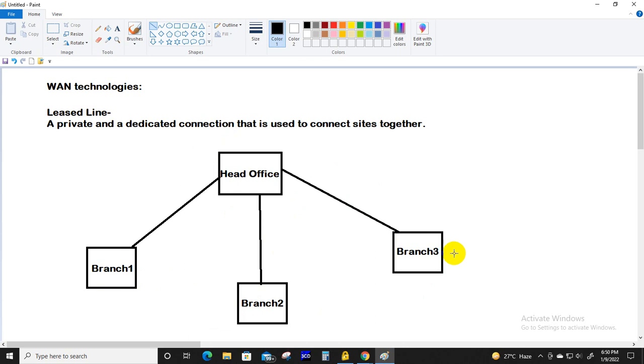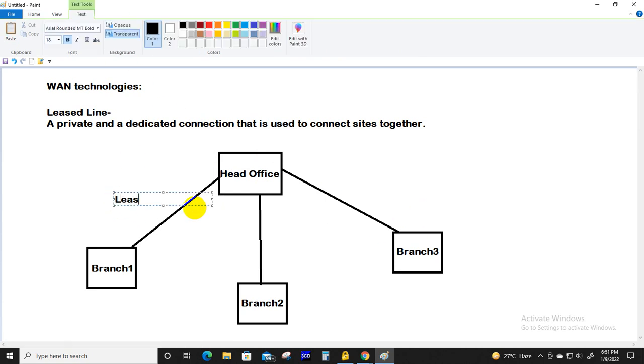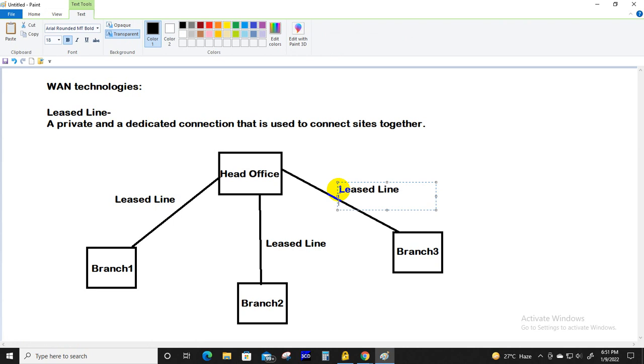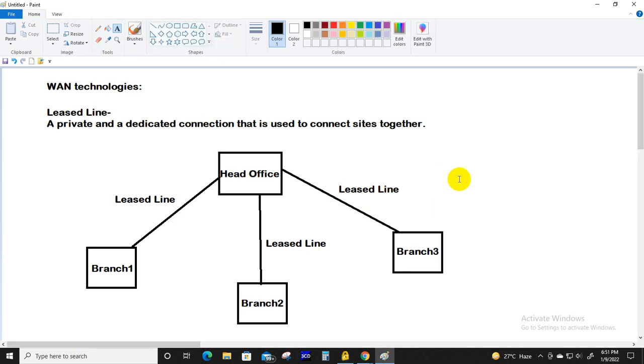So you use dedicated leased lines between head office and branches. This is the leased line between branch 1 and head office, this is a leased line between branch 2 and head office, and this is a leased line between branch 3 and head office.